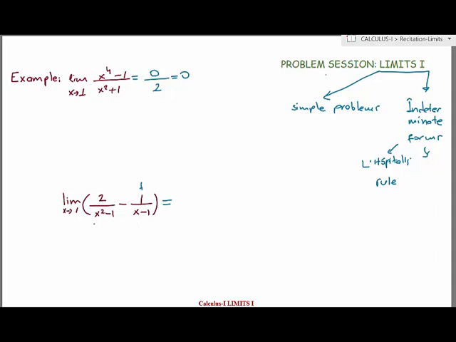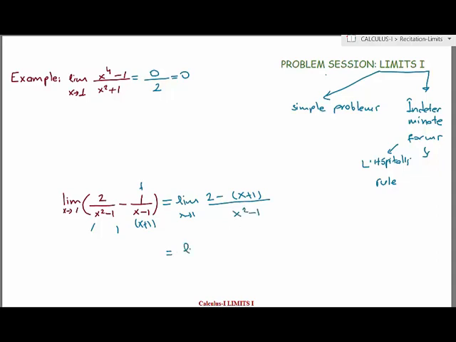It means that we have x minus 1 times x plus 1 in the denominator of the first fraction. So if you multiply the second expression by x plus 1, we have 2 minus x plus 1 over x squared minus 1.